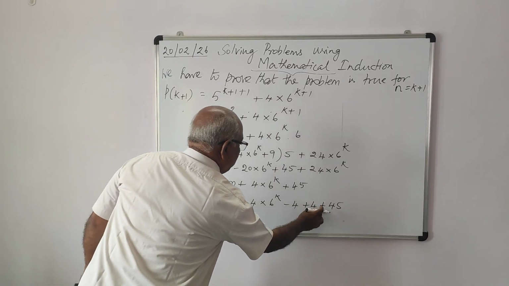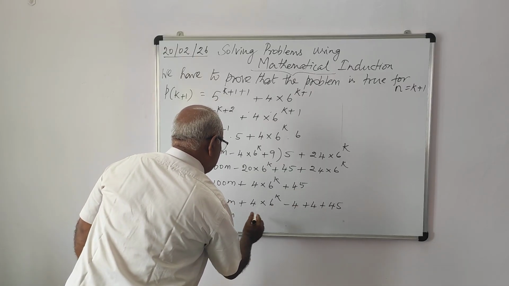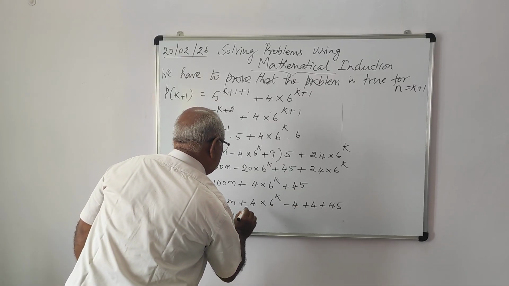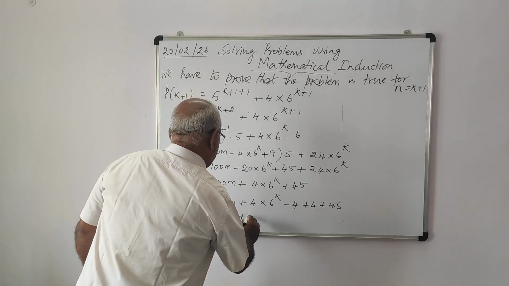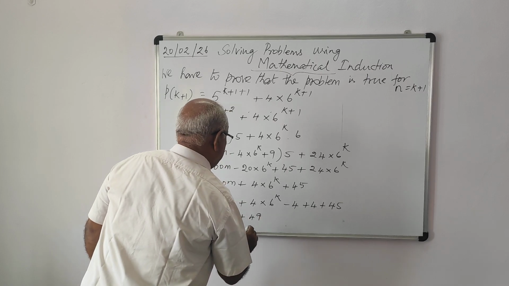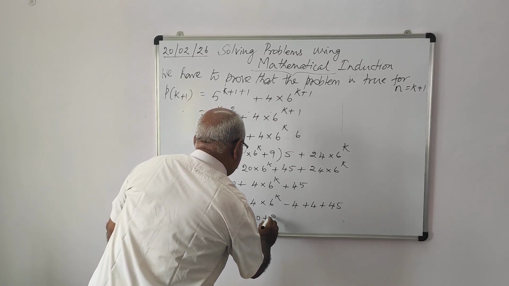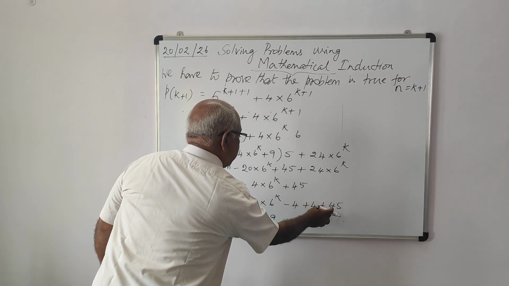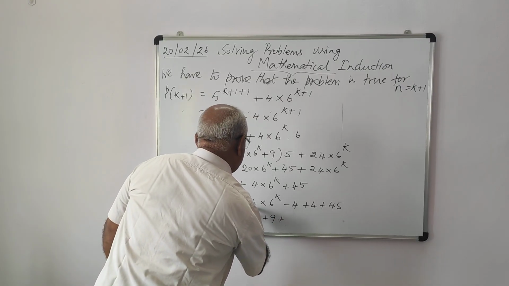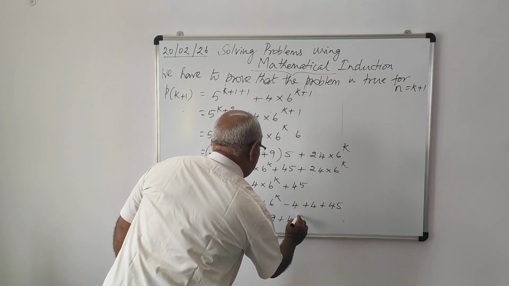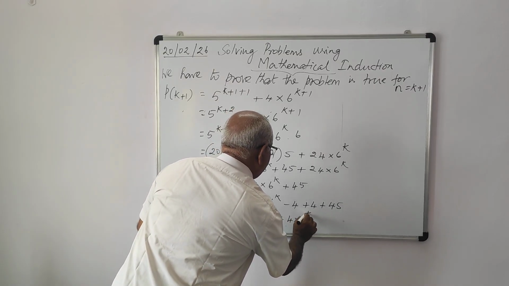100m, 45 plus 4 is 49. See, 49 is 40 plus 9, you can write. 4 into 6 power k, you can take 4 common, 4 into 6 power k minus 4.